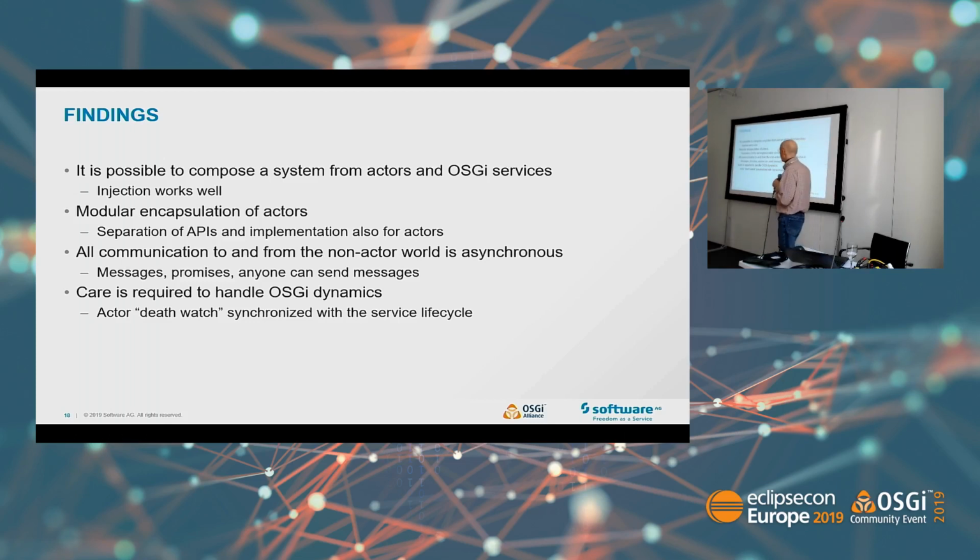So that does work. What is a special case is how do you handle the OSGi dynamics, of which the actors, once they've been created, know nothing? There's some special code wrapped around the message processing to make sure that when an actor dies or is supposed to die, that is appropriately handled using the Akka mechanism.